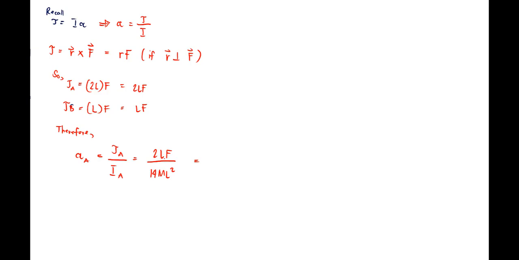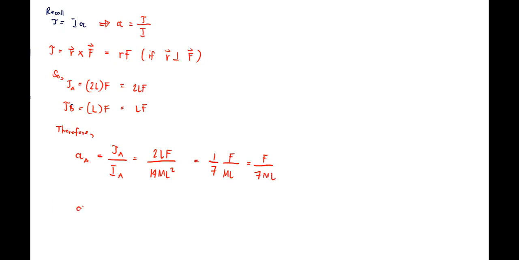The L cancels out, and we have 2 over 14, and the remaining in the denominator is 7. So you have 1 over 7 multiplied by F over ML, or this is just equal to F over 7ML.